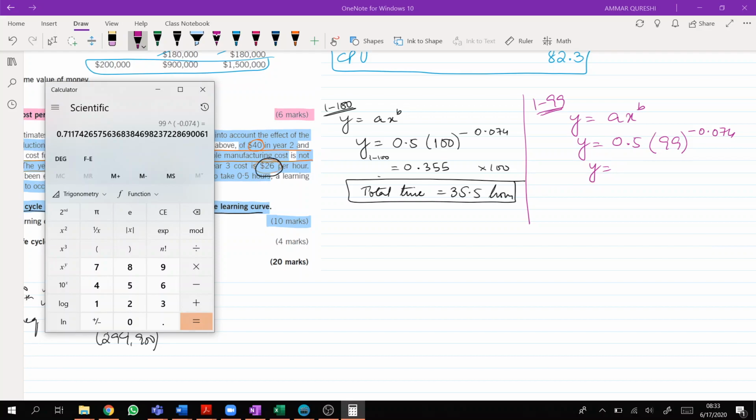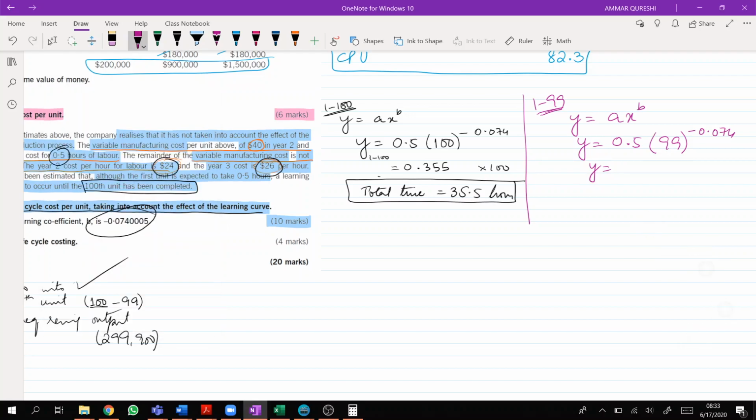And then multiply it with 0.5. And then multiply it with 99. 35.231. 35.231, right? So this is not y, this is time.